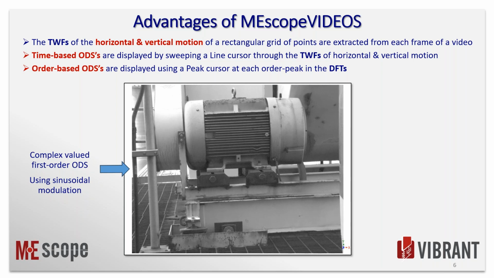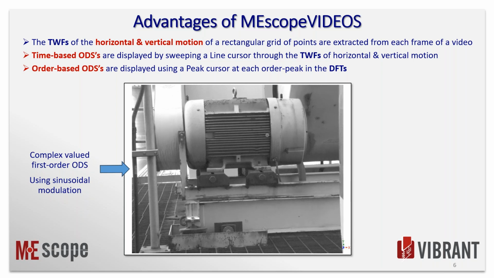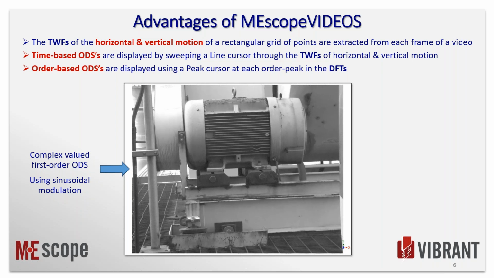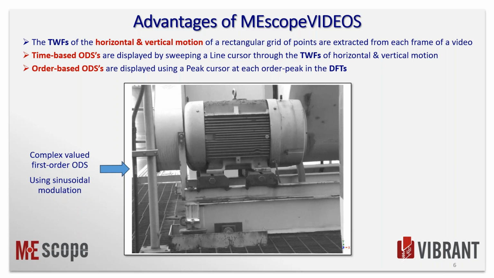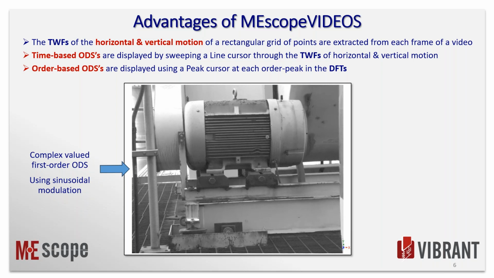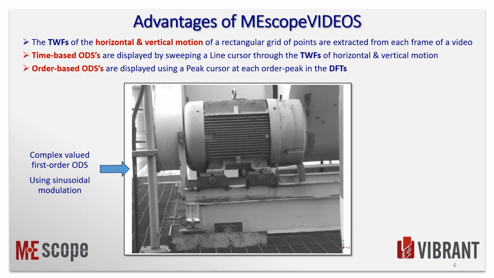These animations you're looking at are from the points in a point grid, and then the video frame is laid on top of the point grid, and that's how we do the animation. A little bit different than our competitors. So we can look at time-based ODS by sweeping a line cursor through the time waveforms, or we can look at order-based ODS.